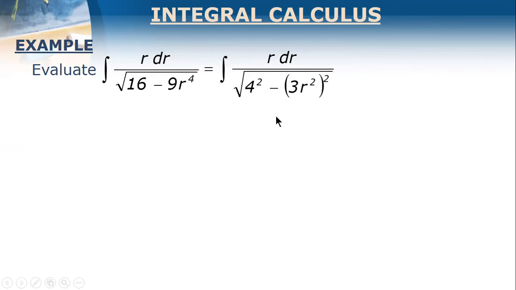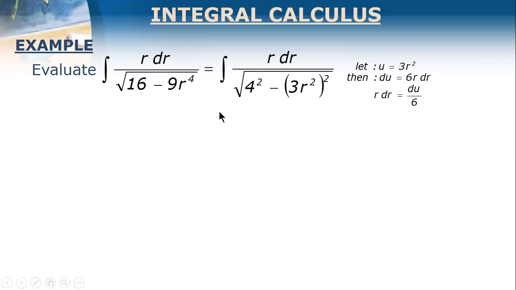If we fit this to the standard form, this is our a, 4, and this is our u, 3r squared. So let u equal 3r squared. Derivative of 3r squared is 6r dr. And so we can replace r dr by du over 6.